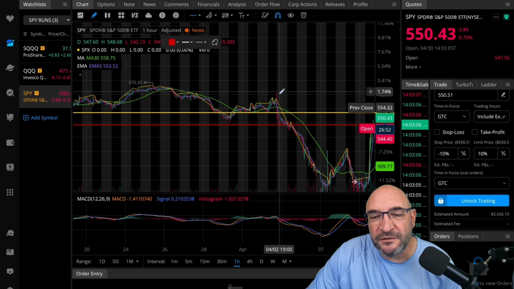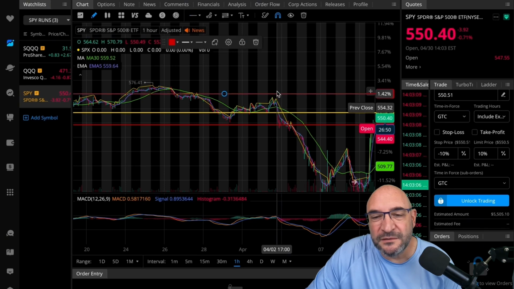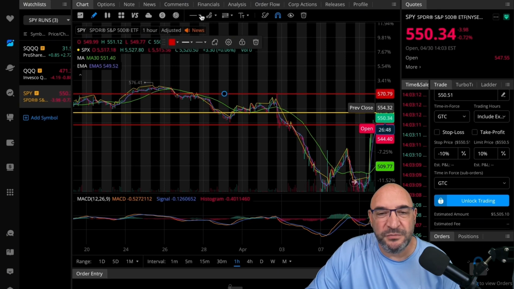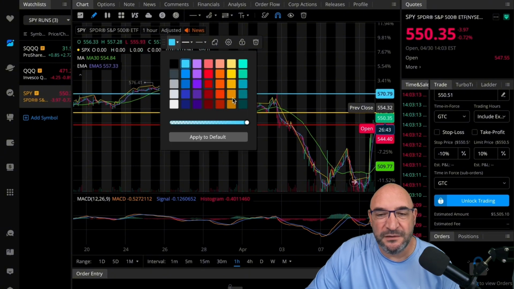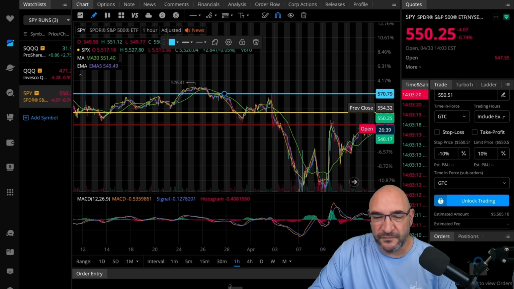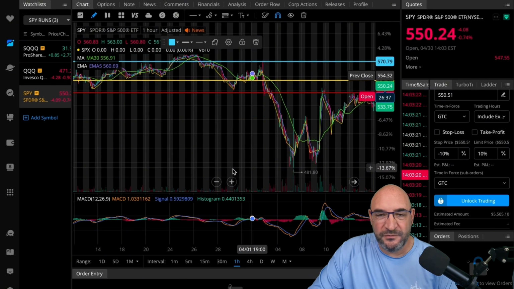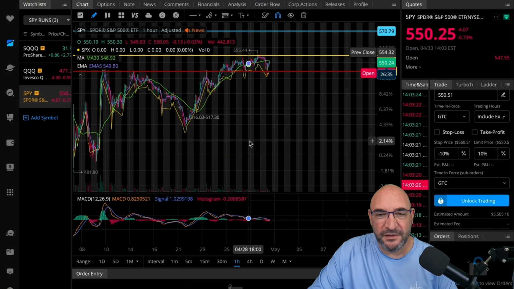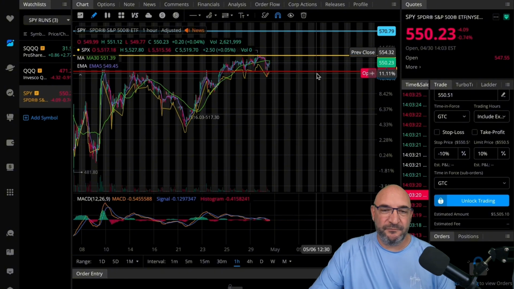Let's do the top of this wick. Okay. And we're going to change that to blue because we're hoping that we get to that point. All right. And then we're going to close it back up. Go back to auto. We're going to pull over here. Okay. And now we know what we're fighting for.